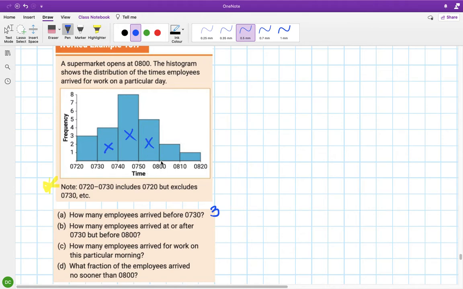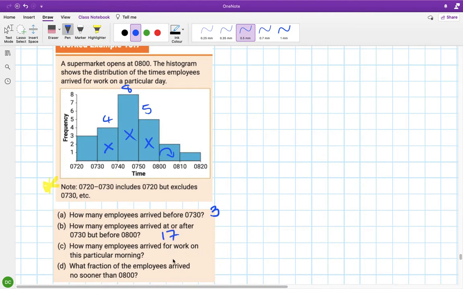Remember that 8 is not included. The people who arrive at 8 go into this bar. So it's these 3 bars, which is 4, 8, 5. So that's 17?